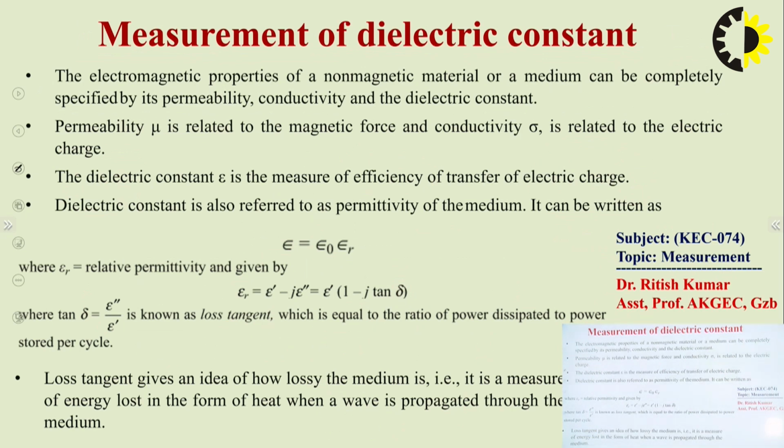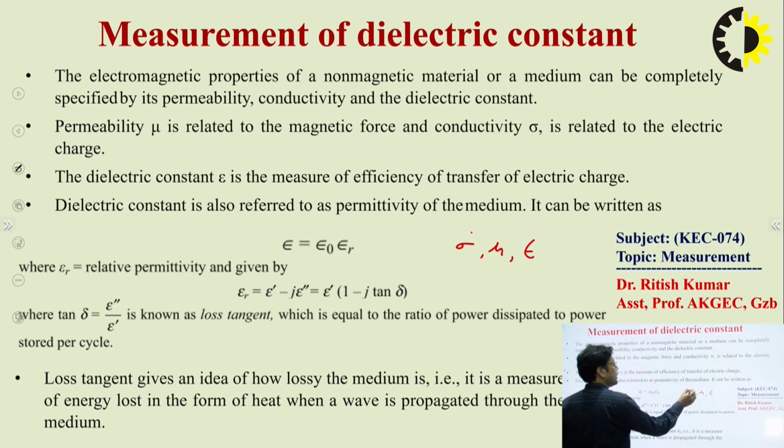Now, the measurement of dielectric constant: how can we measure it? The property of the media is always defined using three properties: sigma, mu and epsilon, right?